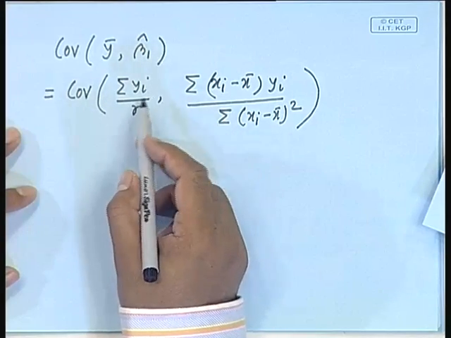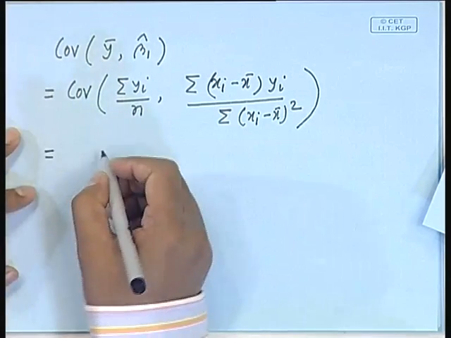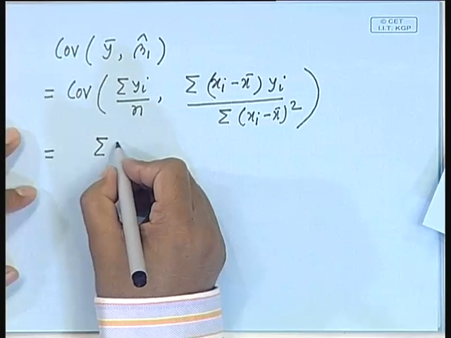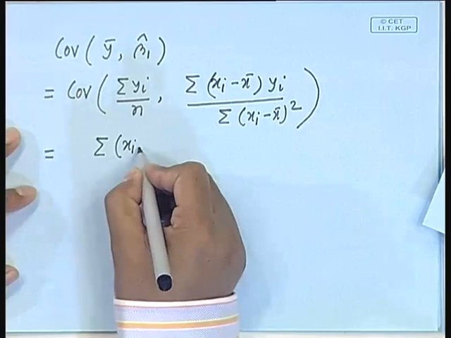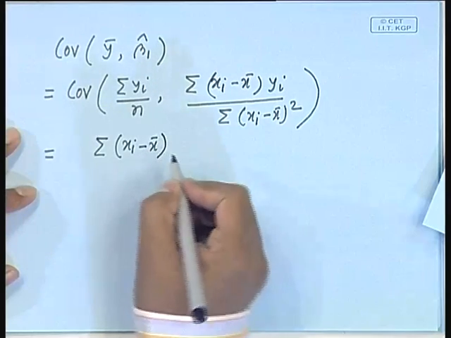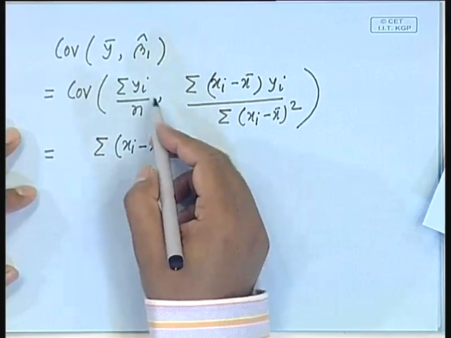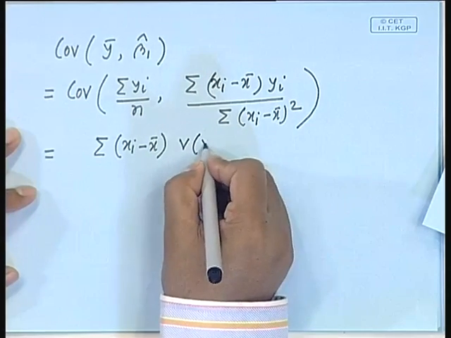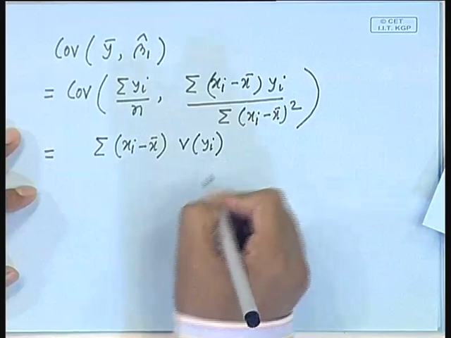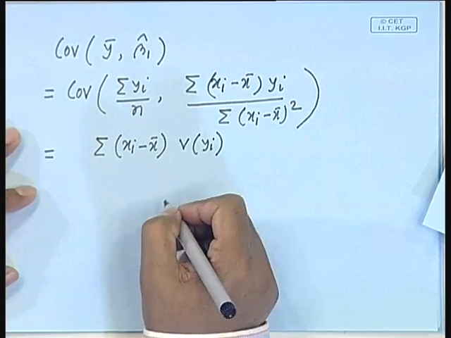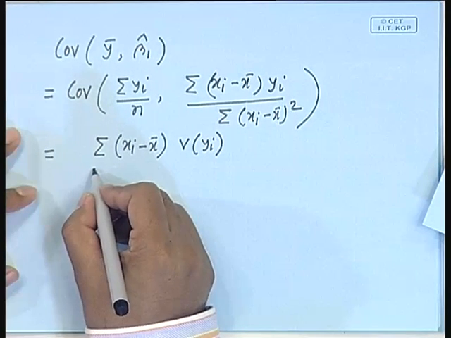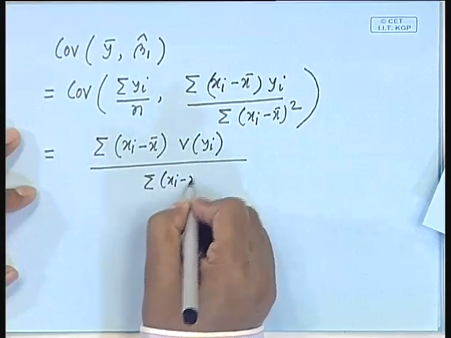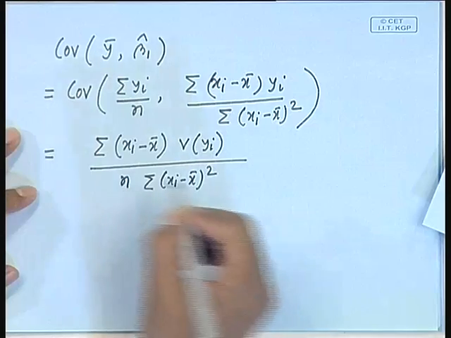So, this is nothing but the summation of xi minus x bar, the covariance between yi and yi, which is nothing but the variance of yi, right, by summation xi minus x bar whole square and one n here.